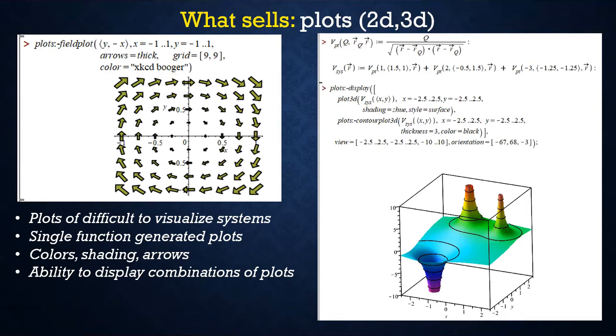Shadings, arrows, and again, the ability to display combinations of plots. My suggestion is to solve all, or essentially end all, problems on exams or even on your homework sets where a plot has to be generated. You'll be able to tell whether the students were able to generate what was going on or whether they have no idea where they're headed.